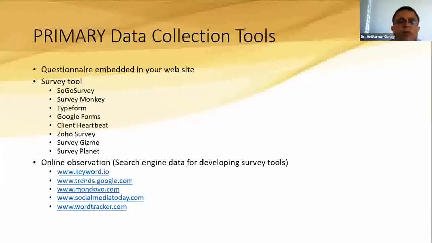And we have a very nice ecosystem developed for administering questionnaires of surveys. There are so many survey tools that are there nowadays on the internet. One of the oldest one, of course, happens to be the Google Forms, which people have been using left, right, and center to collect data.